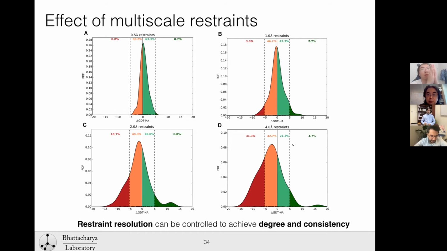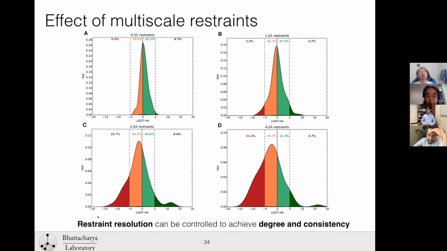But it should also be noticed here that when we apply 4 Angstrom restraints, the likelihood of getting a high degree of refinement is higher. On the other hand, when we apply very rigid restraints like 0.5 Angstrom, the likelihood of refinement of more than 5 GDT score points is very low.